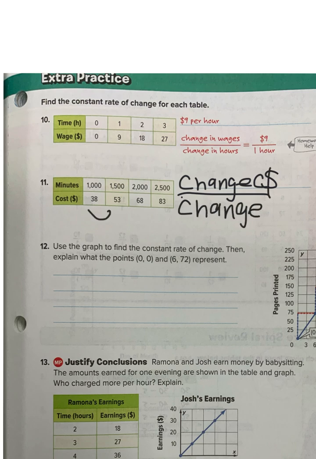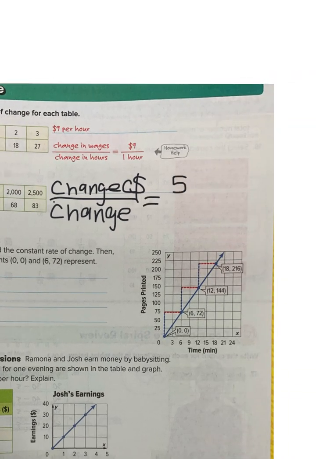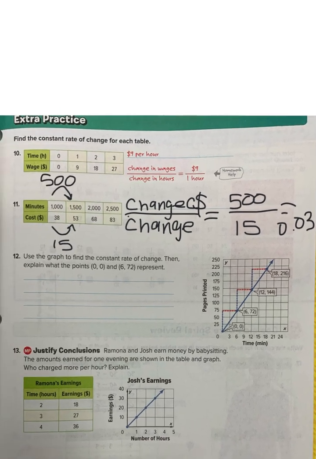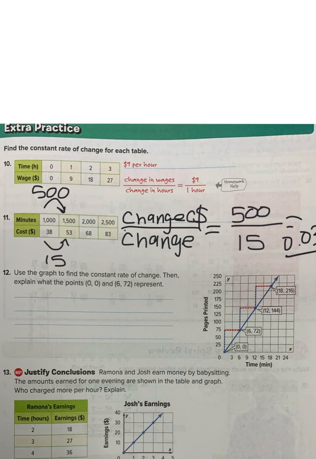And here I see it's going up by 15. Here I can see this is going up by 500 at a constant rate. So I put my 500 over my 15. And if I do my math, I get 0.03. So there's 0.03 cents per minute.